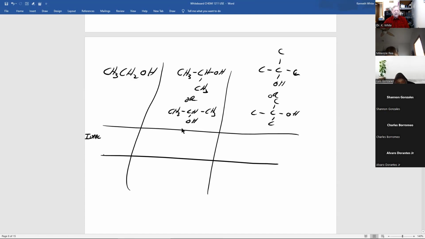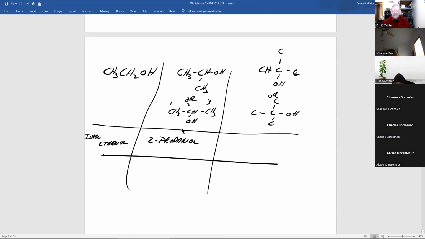If we have the IUPAC name, the first one is ethanol. The second one, the longest chain, 1, 2, 3, propane, and it's an alcohol, propanol, and it's on carbon 2, 2-propanol.